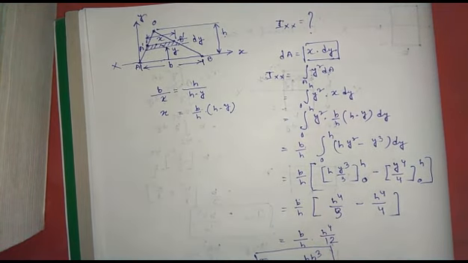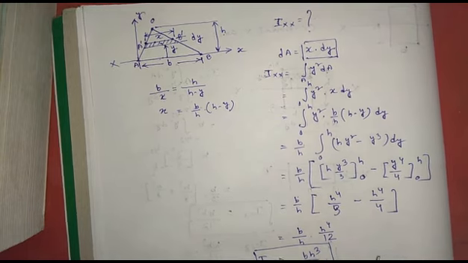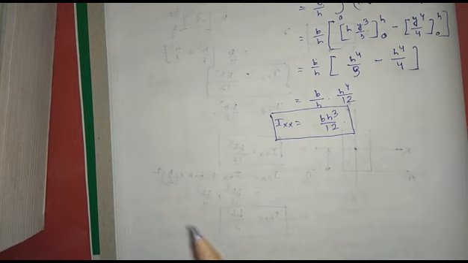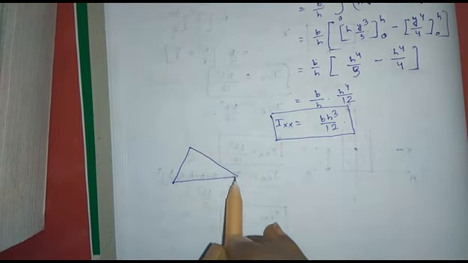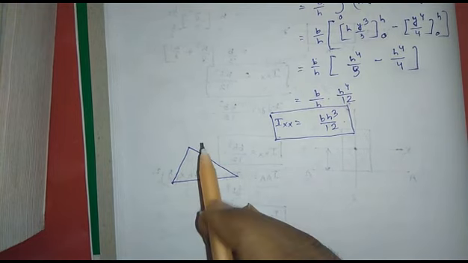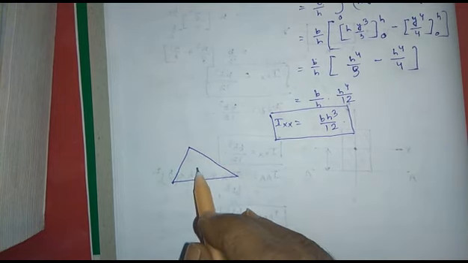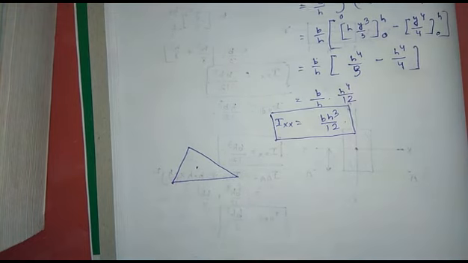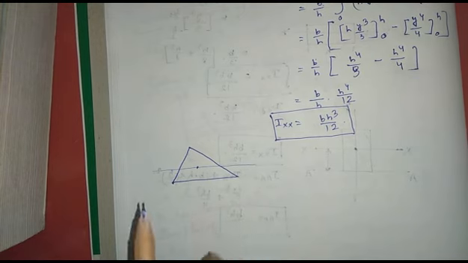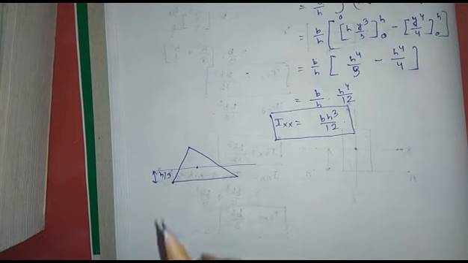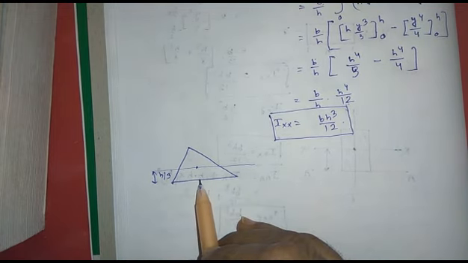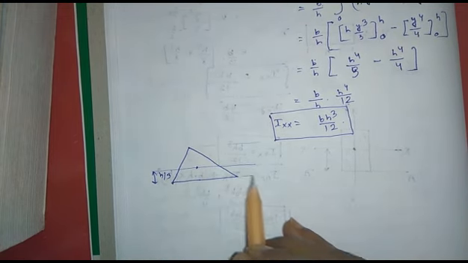Now, if we want to calculate the moment of inertia about the centroidal axis of this triangle, I know this is the triangle and the centroid lies here at a height h by 3 from its base, because the total height is h.